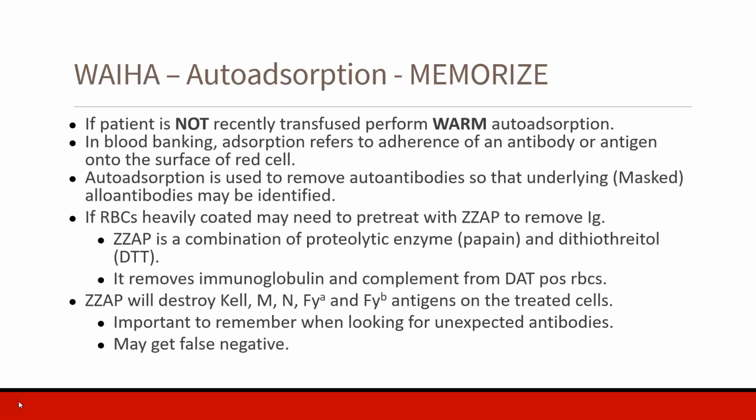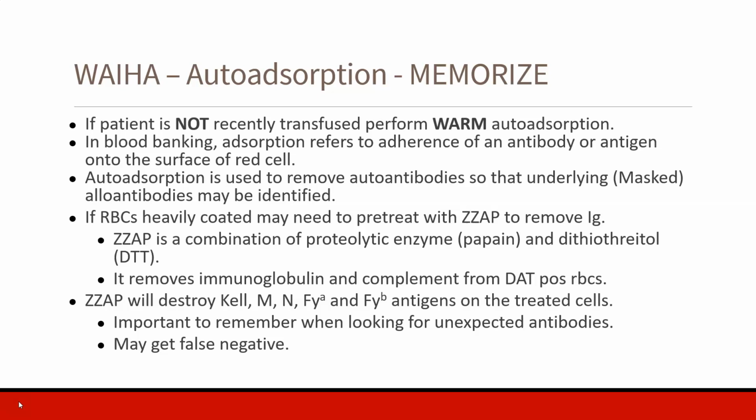Autoabsorptions are done to determine if there's allo along with the autoantibody present. And I want you to memorize the procedure. This can only be done on patients who are not recently transfused. Because if they have been recently transfused, what we're going to do is remove antibody from patient cells, then incubate the patient's serum with those cells to remove any antibodies, specifically autoantibodies, so maybe we can get what appears to be a compatible crossmatch.